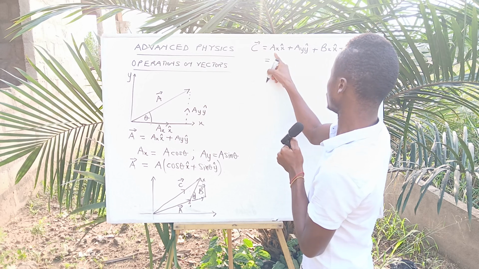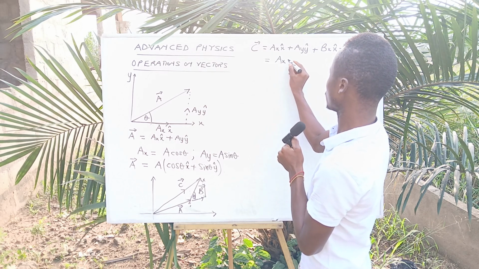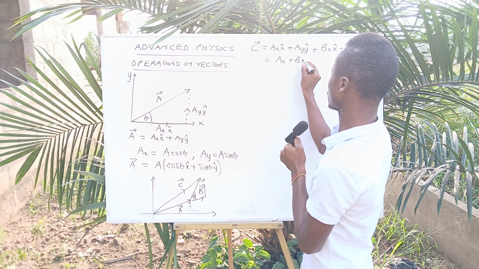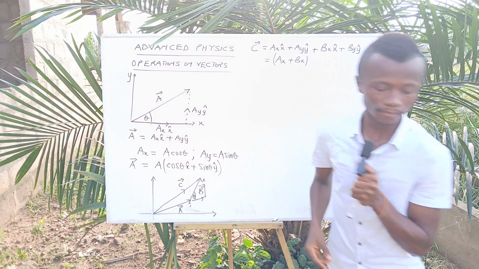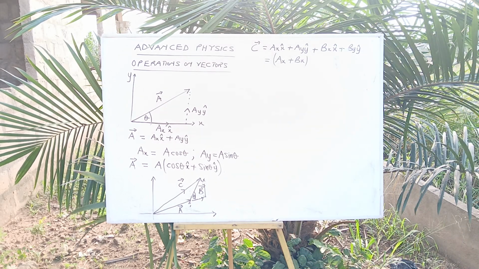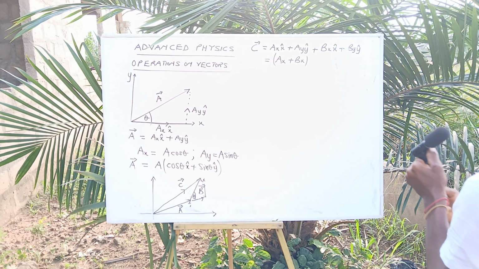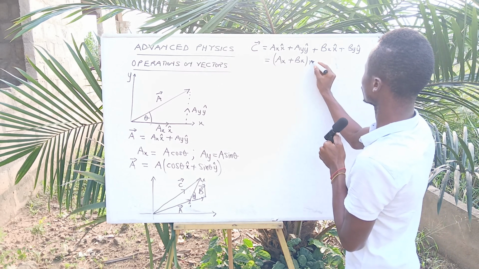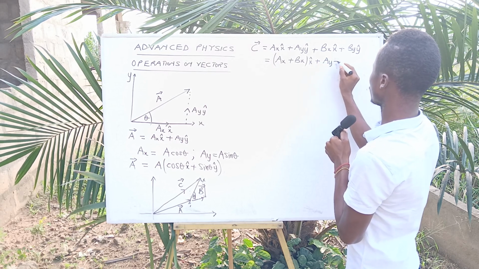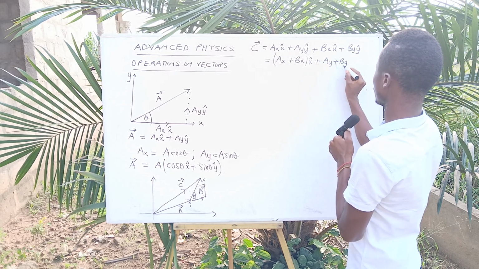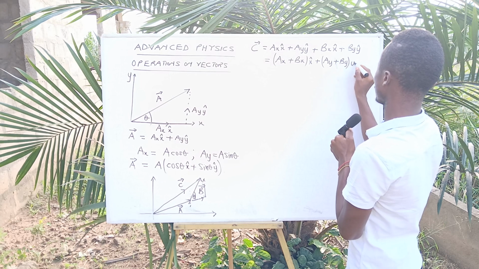If we group like terms, then we have AX plus BX x roof plus AY plus BY y roof.